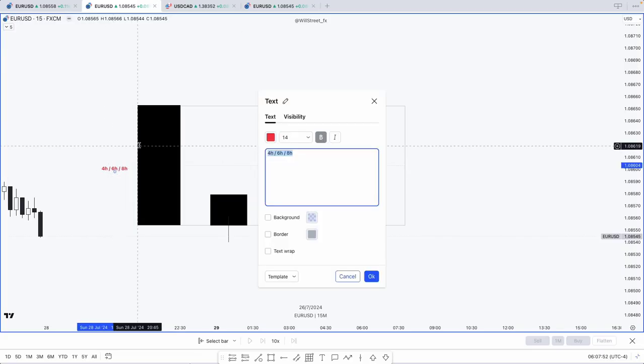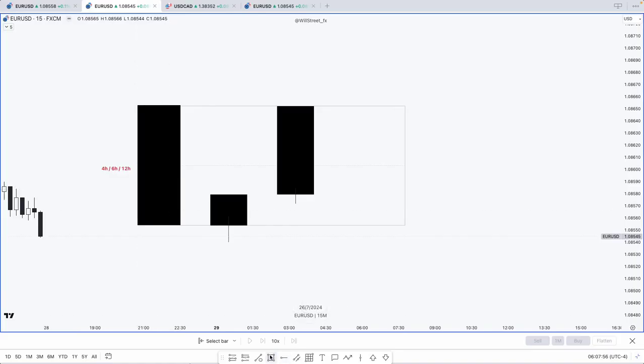For instance, in this example, it will be 12 hour, as that will be London. The 1 a.m. London expansion, and then the 5 a.m. New York expansion.